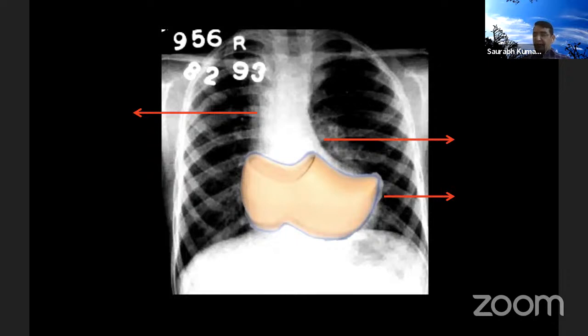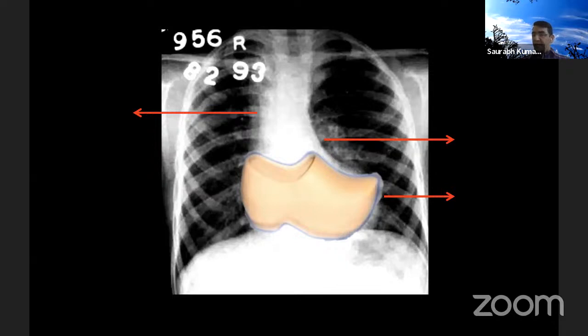So when we are describing an X-ray, if it is showing a normal pulmonary artery segment, it is always better to say normal pulmonary artery segment. We should not be saying absent pulmonary bay, because pulmonary bay is an abnormality. It is not normally expected.